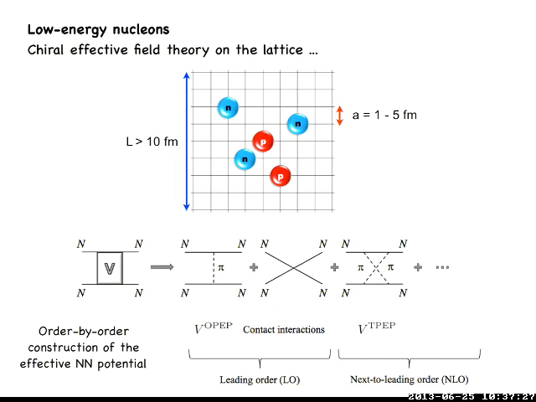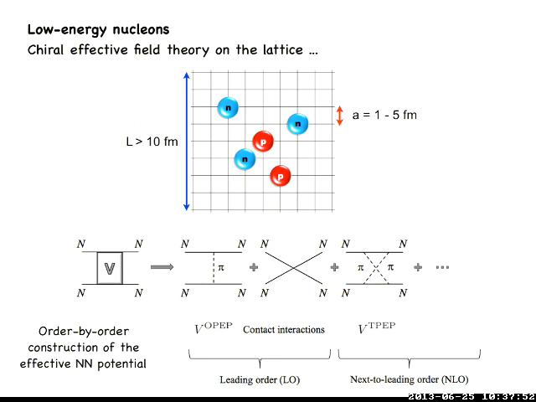Right? So then of course the whole thing here is how we construct the interaction between the nucleons, right? So this is called the chiral effective field theory. It goes back to Weinberg and other authors back in the 1980s.